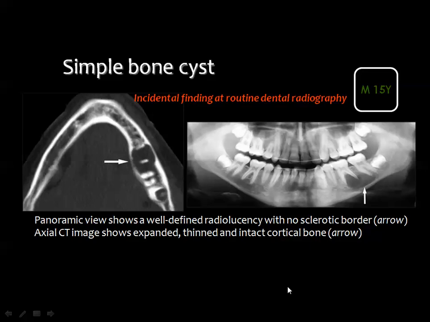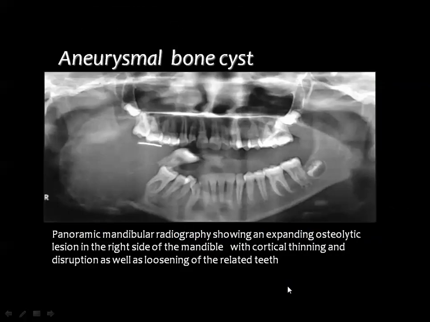Aneurysmal bone cyst is a lesion that can also occur in the mandible. It is an expanding lesion and is multilocular, characterized by the presence of multiple fluid levels as in the rest of the body.